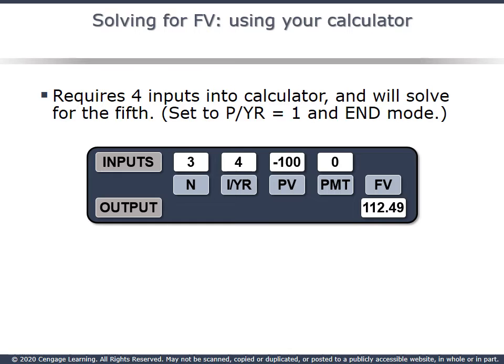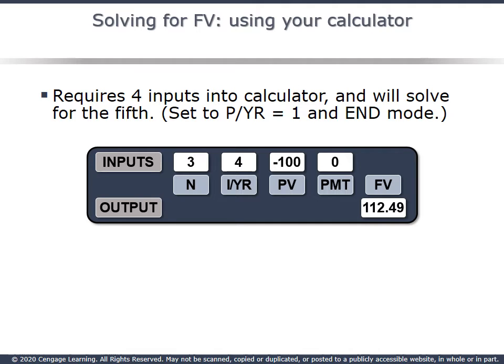And then we will compute our future value. Note that when we entered the present value, it has a negative sign to it. So we need to press the change sign button, which is the plus minus key on your calculator. The reason is that either the present value or the future value has to be entered as a negative, or your calculator just won't work.